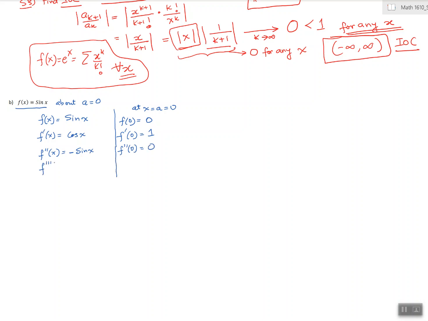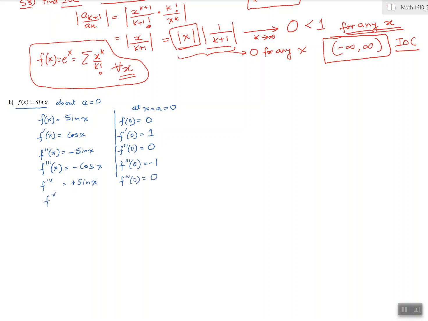The third derivative is going to be negative cosine x. So the third derivative at 0 would be negative cosine 0, so that's negative 1. The fourth derivative would be plus sine x, so at 0 that would be 0.